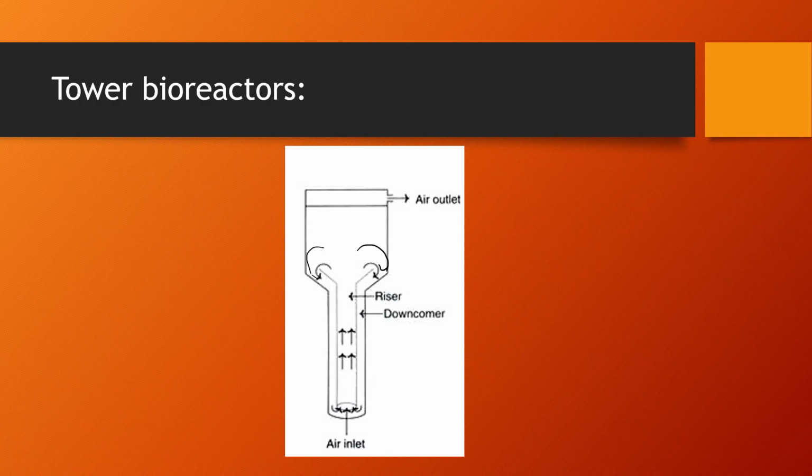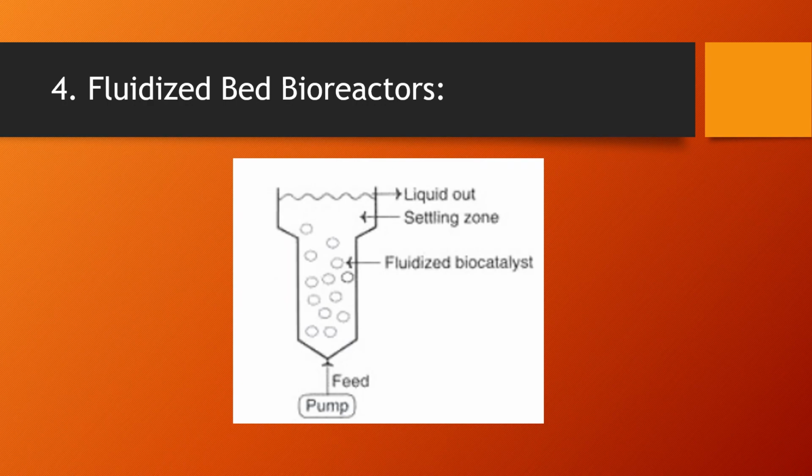Okay, next we will come to fluidized bed bioreactors. This bioreactor is comparable to the bubble column bioreactor, except its top portion is a little bit expanded. So this part is expanded. Why is it called fluidized? Because medium is present and biocatalysts are present which are fluidized.